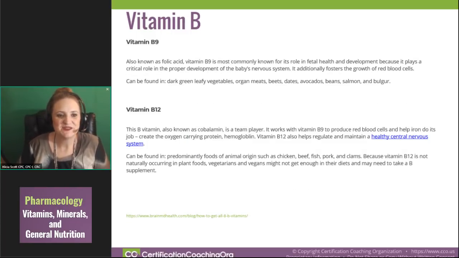B9, we're almost through these. So folic acid is B9. Now, for the most part, we don't think about folic acid too much unless you're pregnant. Right? You need to be getting a higher dose of folic acid before you get pregnant, after you get pregnant, and then for a little while after you've delivered. Your body needs that folic acid to help with development of the baby. You may ask, how come prenatal vitamins are a prescription?